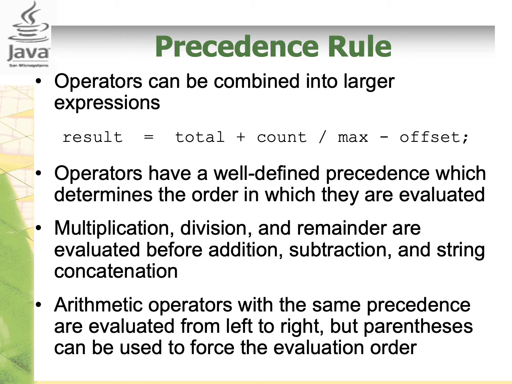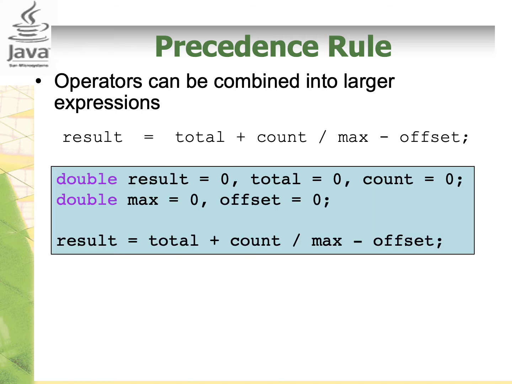Operators can be combined into larger expressions. For example, result equal to total plus count divided by max minus offset, where result, total, count, max, and offset are different variables that have been declared and initialized previously. So we might have double result equal to 0, total equal to 0, count equal to 0.